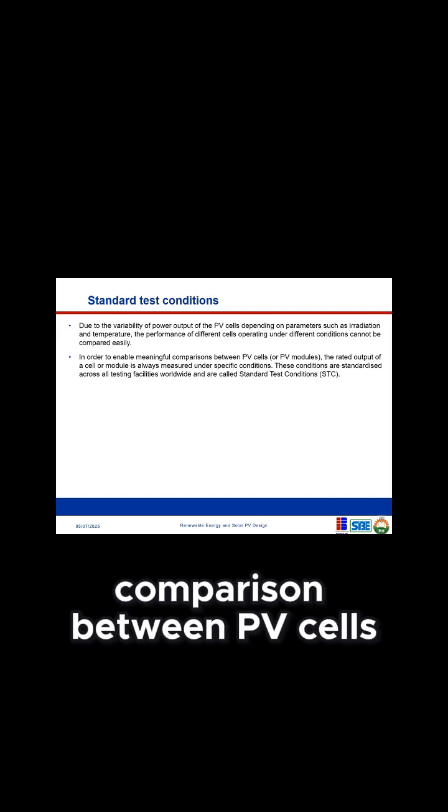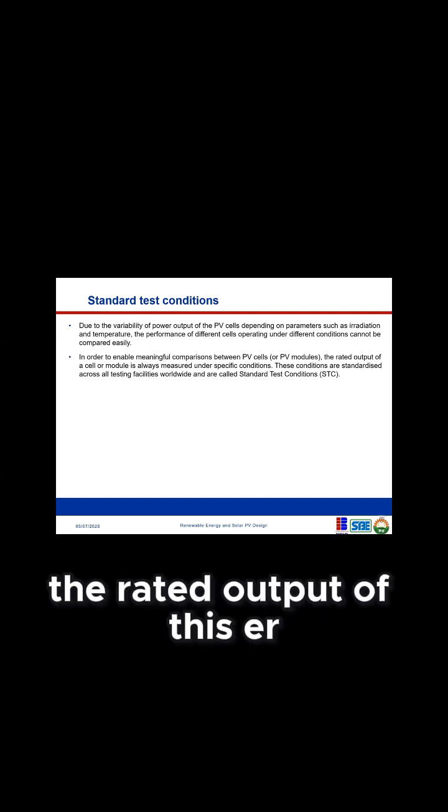In order to enable meaningful comparison between PV cells or PV modules, the rated output of the cells or modules is always measured under specific conditions. These conditions are standardized across all testing facilities across the world and are called standard test conditions.